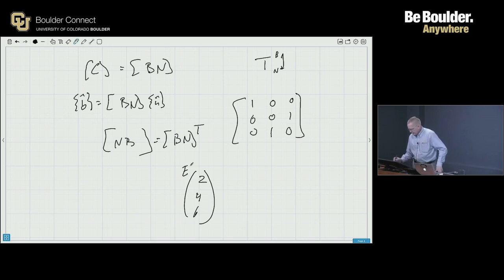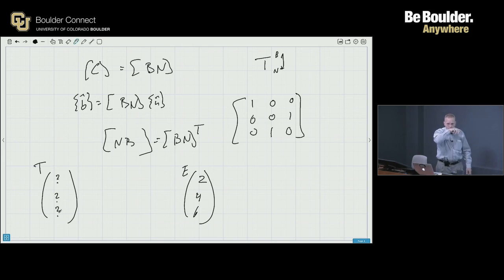Easy. And let's say I want an answer in T. Just change things up. I'm curious, what are the 3 vector components along the T1, 2, and 3 axes, right?